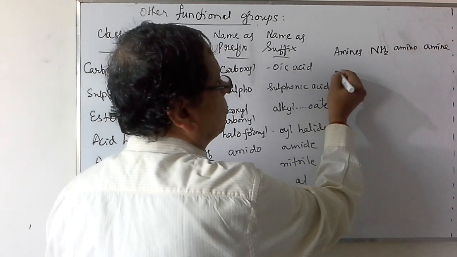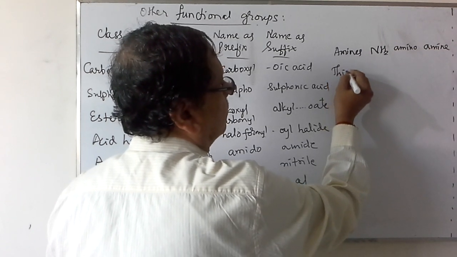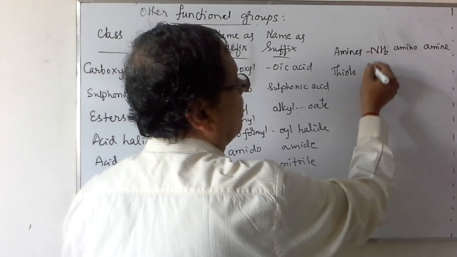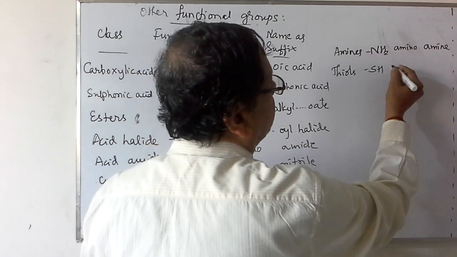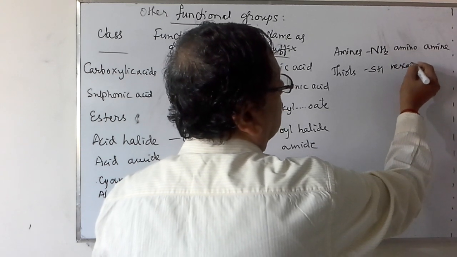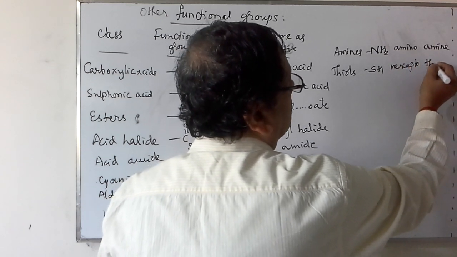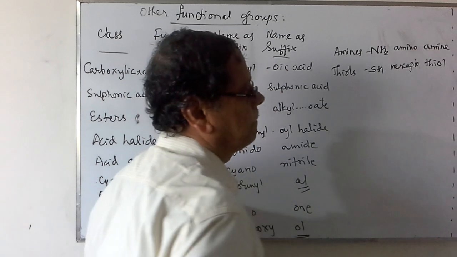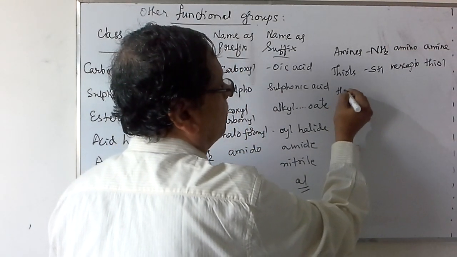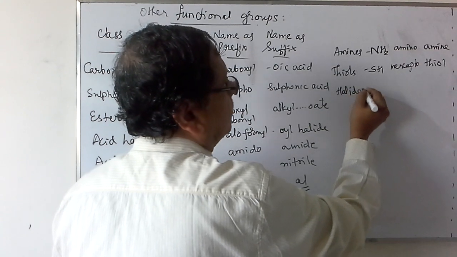Then we have SH group, thiols. This is carrying the functional group SH. This is named as mercapto as a prefix, and thiol as a suffix. Then for the halogens, halides.